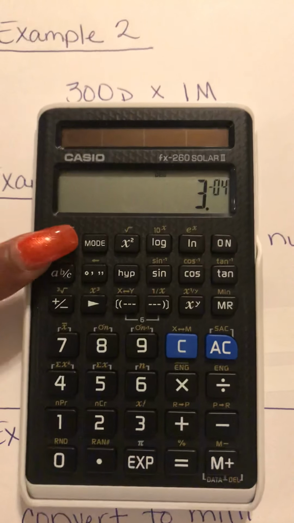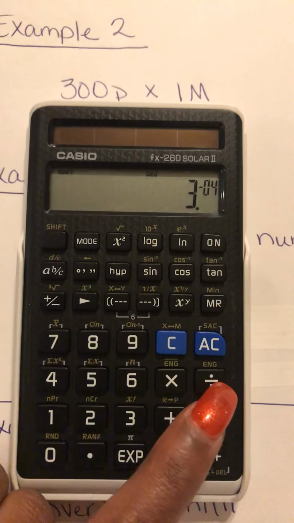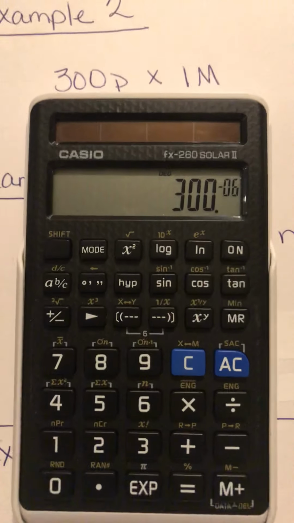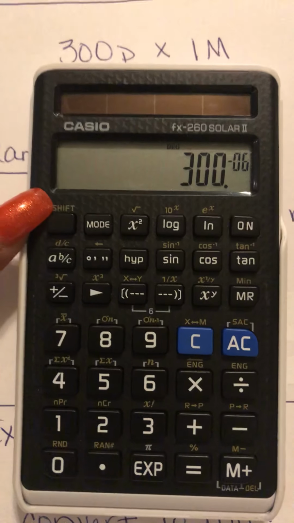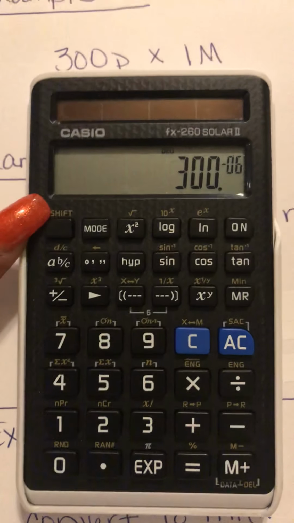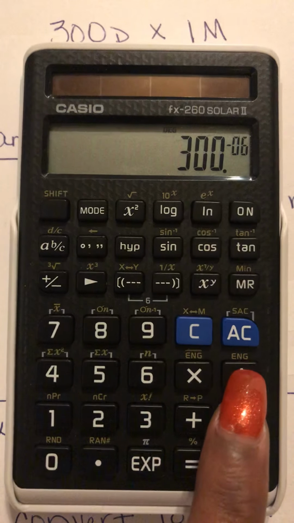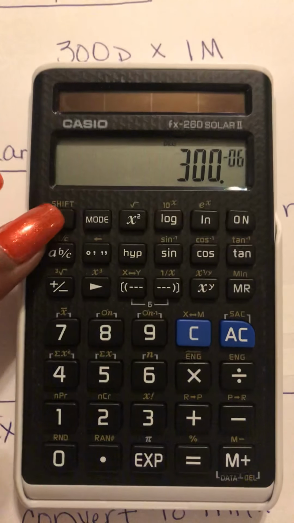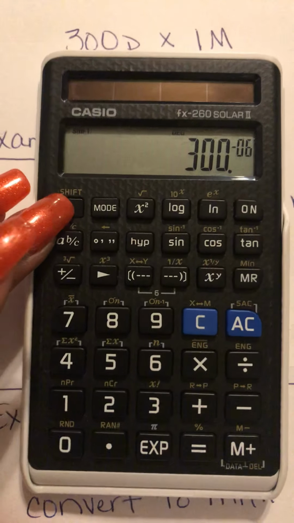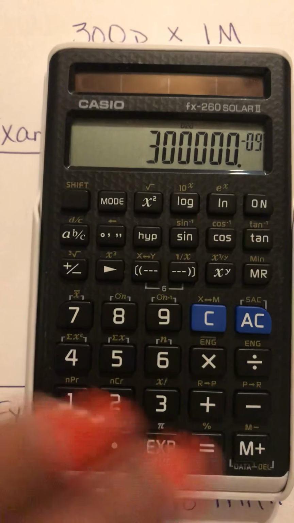So to get that, all you would have to do is press shift divide. And if you notice when you press shift, that means I'm going to do the yellow function of this calculator. So it says shift, and I want you to give me that number in yellow over here with divide as engineering notation, okay? So if I wanted that in nanos, do the same, shift divide, and it'll take it on up for me, okay?